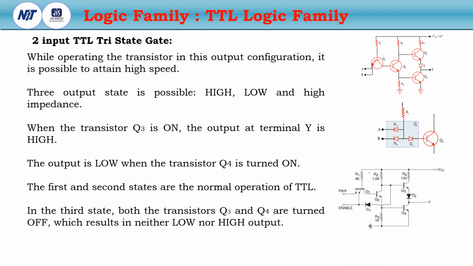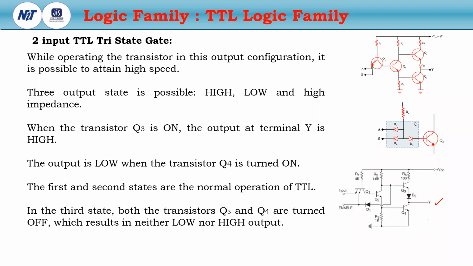Now come to the third state, that is the tri-state gate. While operating the transistors in this output configuration, it is possible to attain high speed. Three output states are possible here, that is high, low, and the high impedance state. When Q3 is on, this is the totem pole configuration. So when Q3 is on, the output Y is high.